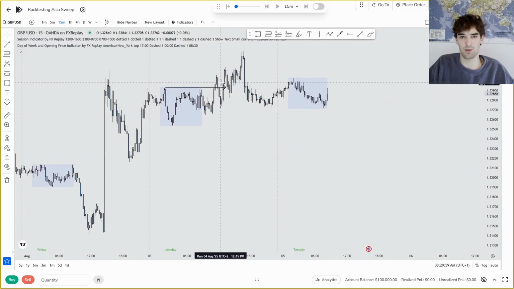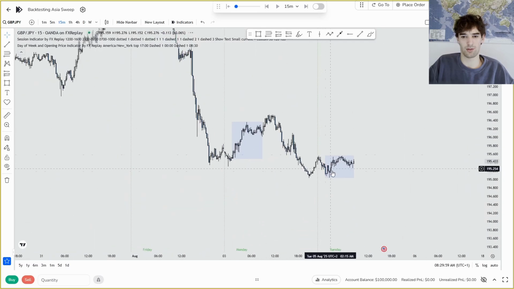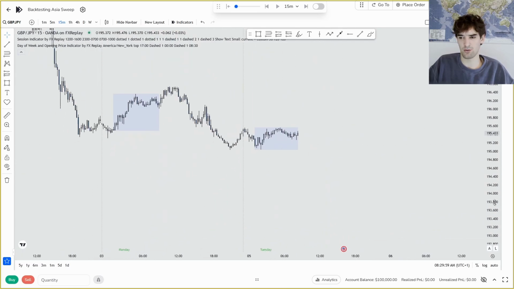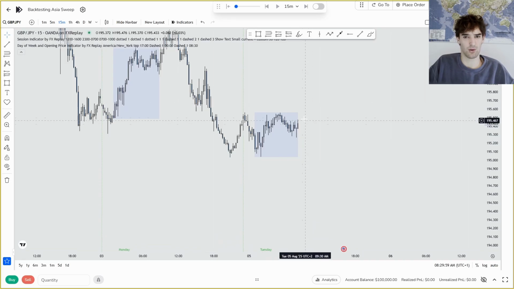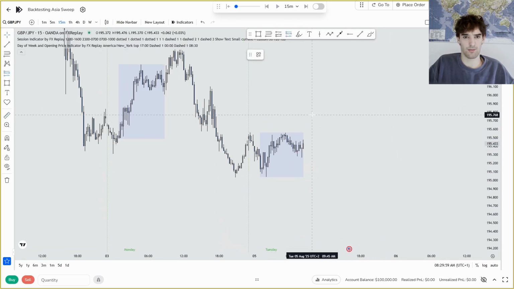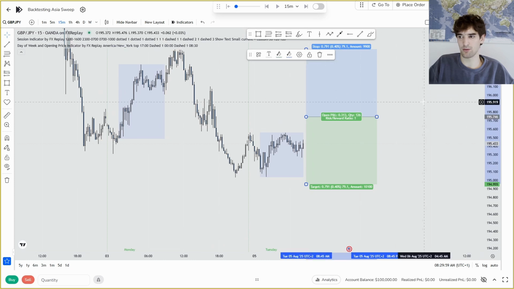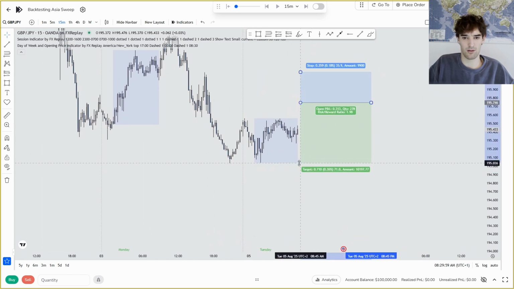GU, it did sweep the high, so I'd rather take EU. GJ also, maybe a quite small Asia range, but this could be a potential B setup. I'm not gonna take it here.